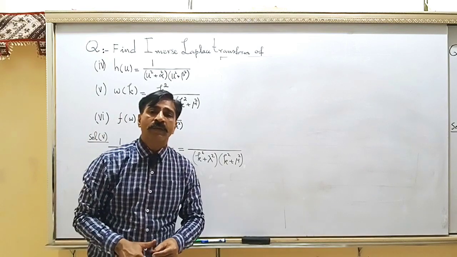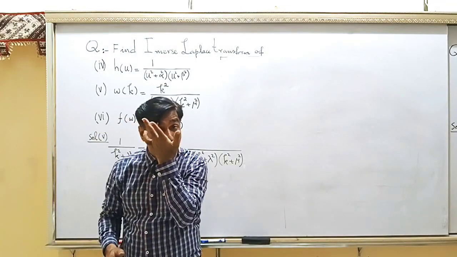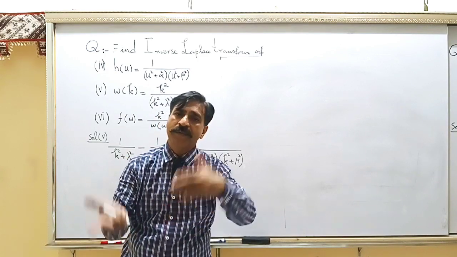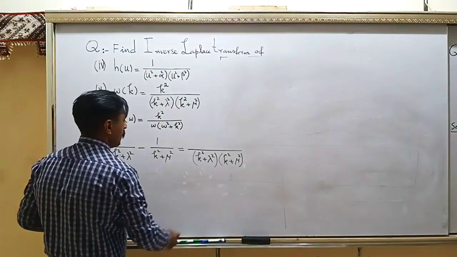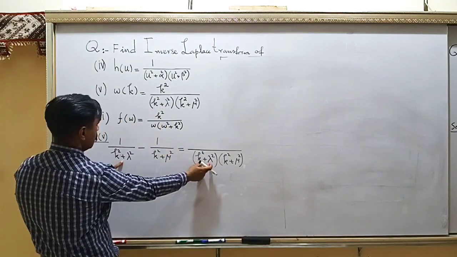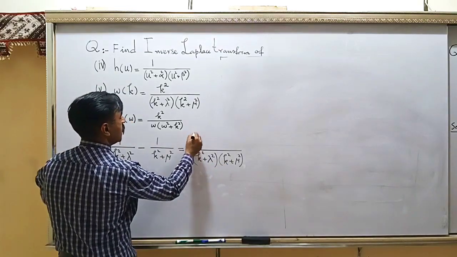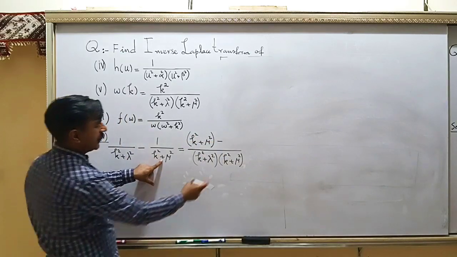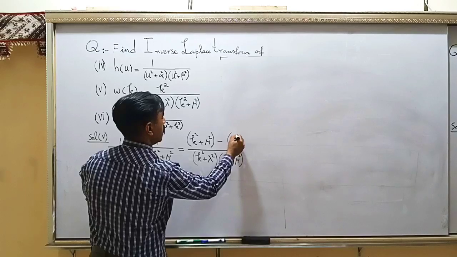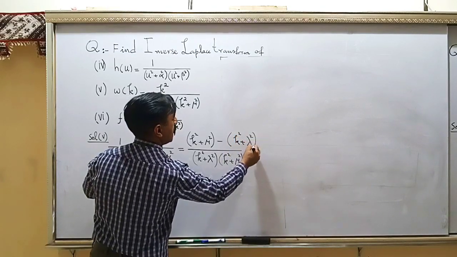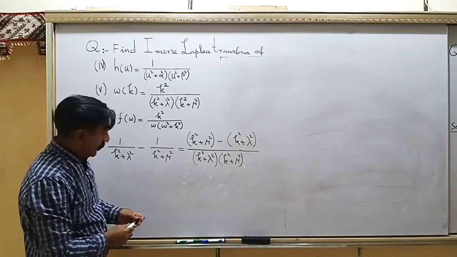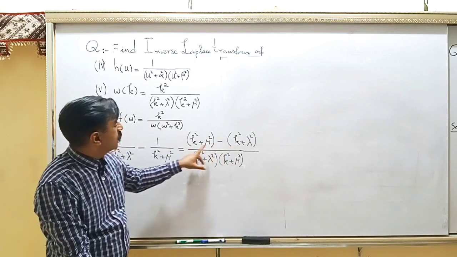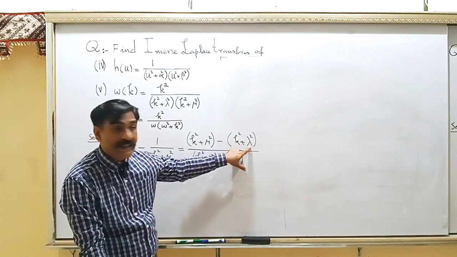My purpose here for solving more than one question is to make you familiar with the idea of identifying the variables in the Laplace transform so that you can find the inverse Laplace transform. So this one over this factor gone, and you will have this k square plus mu square and minus, when this is gone, you will have this factor minus k square plus lambda square, right? Now look, this plus k square and minus k square will cancel, and you will have the constant mu square minus lambda square in the upside.